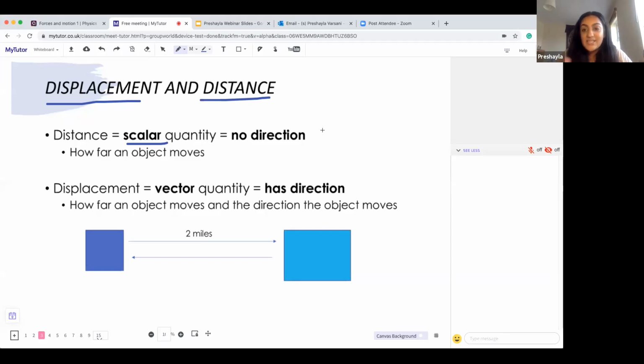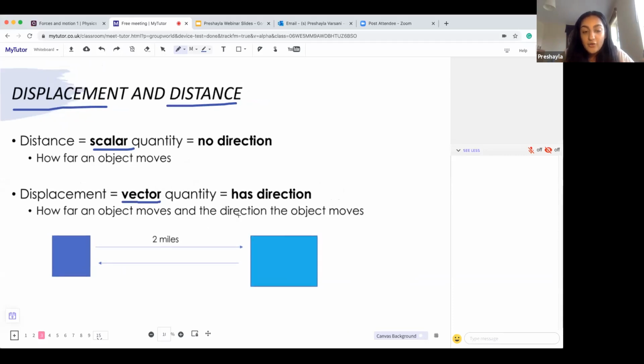Displacement is distance's kind of pair, but displacement tells us the direction that the distance happened in. For this reason, it's called a vector quantity. It not only tells us how far an object moves, but also in which direction the object moves.